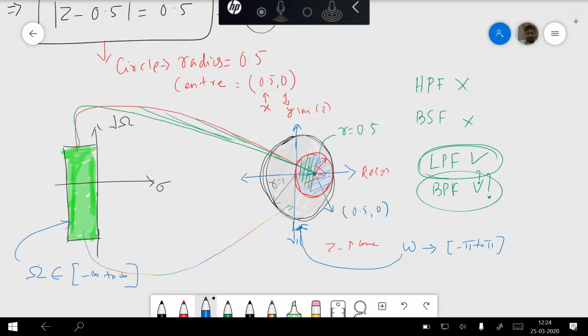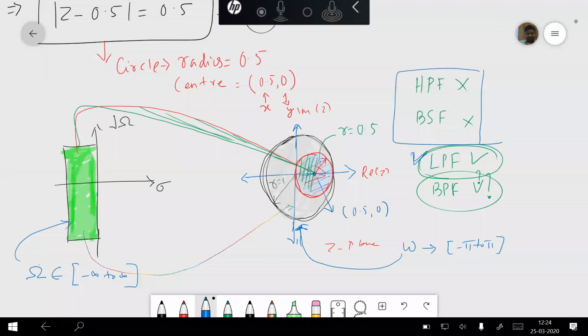That means while converting analog IIR to digital IIR, this method is not suitable for designing high pass and band pass filters. This is only suitable to convert a low pass analog IIR to a low pass digital IIR to maintain stability. Basically, to maintain stability, we should not use this particular method to design high pass or band reject or band stop filters. Okay, that is about our approximate derivative part.